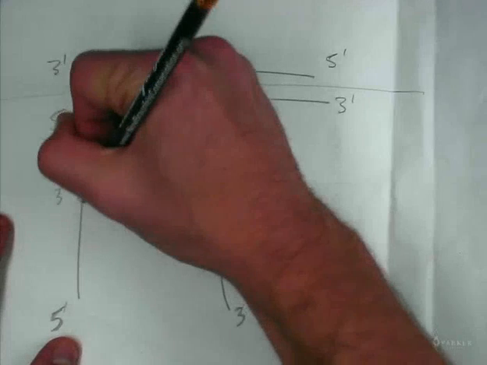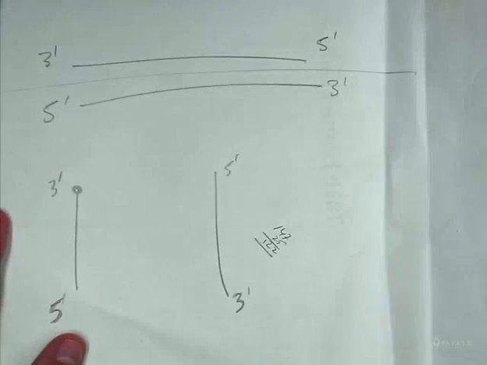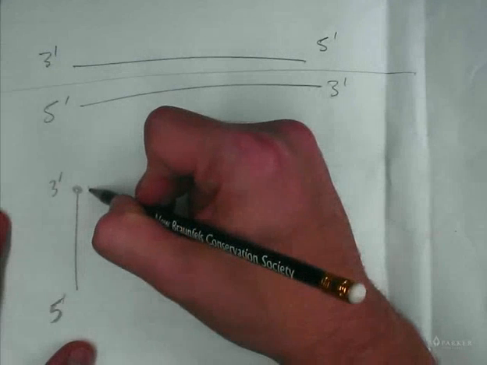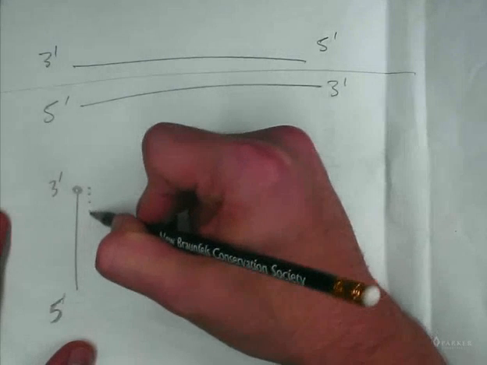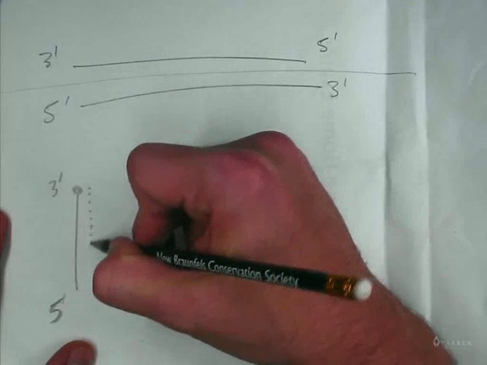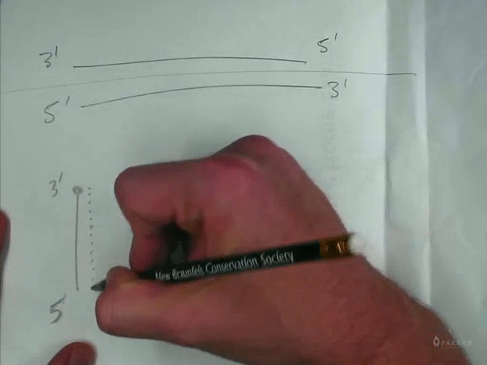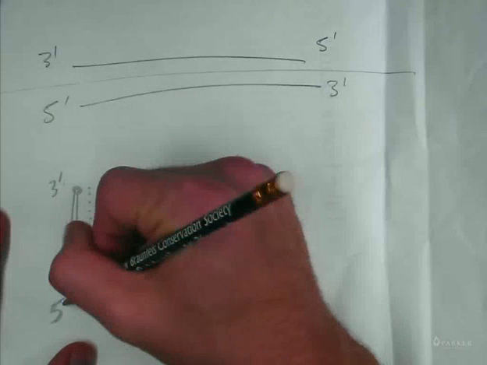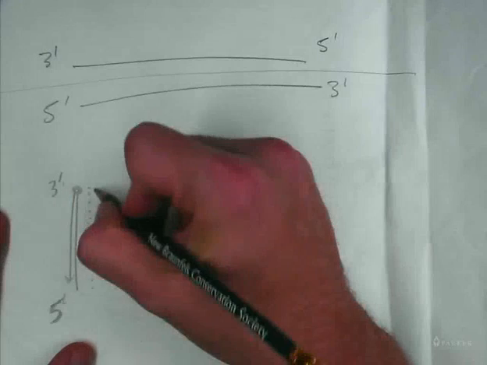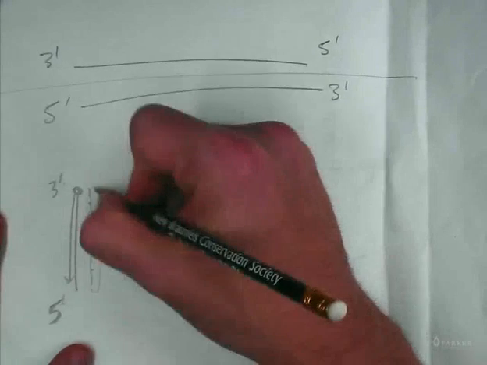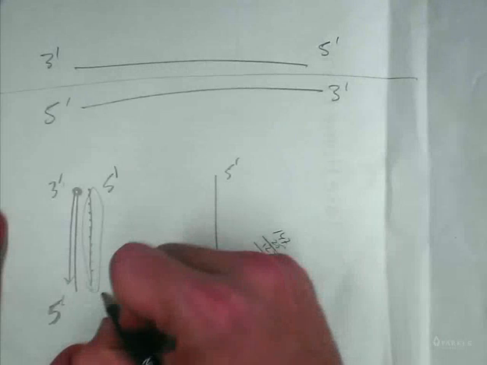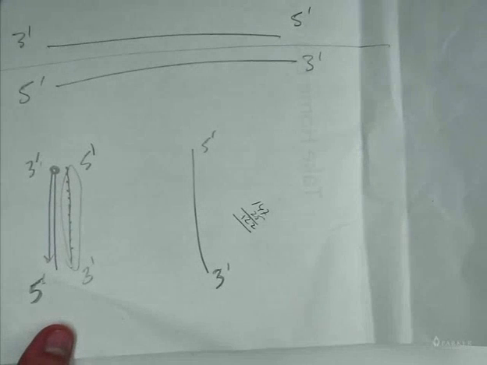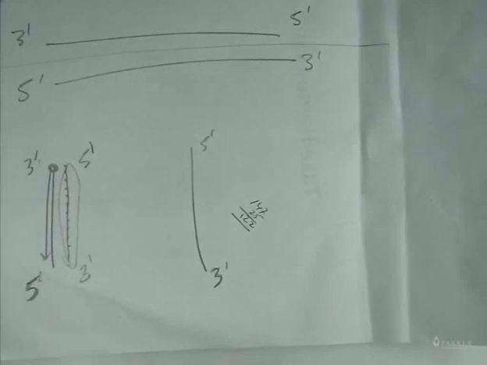What DNA polymerase is going to do is come on here at the 3' and synthesize a new DNA strand. So this is going to go down this way from the 3' to the 5' end, because this new strand being made here is being built in the 5' to 3' direction.